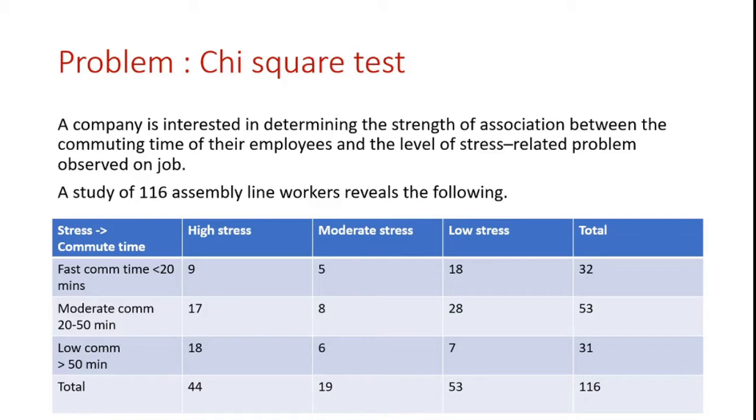In this example, the commuting time and the stress are two attributes, and each has three different classes.